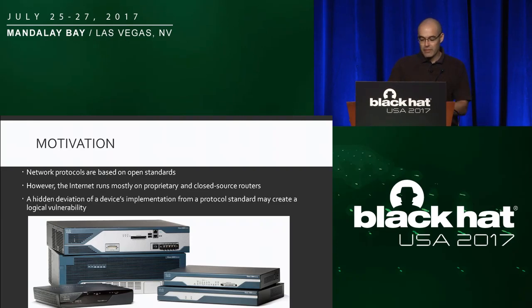And so these hidden deviations might be the cause of logical vulnerabilities in the router. By logical vulnerability, I mean that the router makes incorrect decisions with regard to the functionality of the protocol, thereby compromising the security of the network. Now, it doesn't have to be that a deviation will necessarily lead to a logical vulnerability, but this is often the case, and you will later on see in the Cisco case, especially if those deviations are inadvertent.